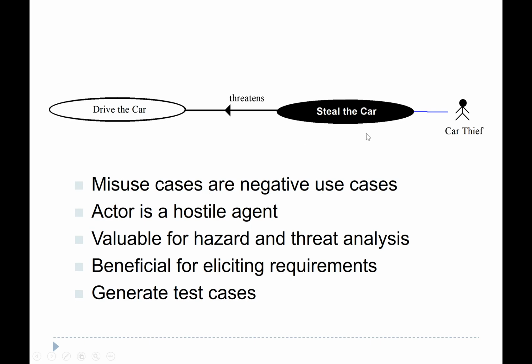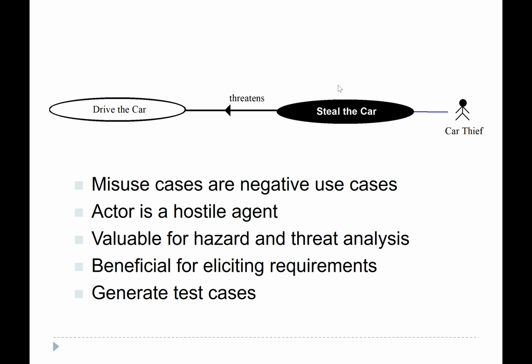And the actor who's involved, we're going to take a look at that in a moment, is a hostile agent. All right. Now, the actor tends to have a black color, as you see over here. And again, it's symbolic in the sense that it's the same as the regular actor, except that they're there for a negative purpose, the inverse of what the actual legitimate actor is.